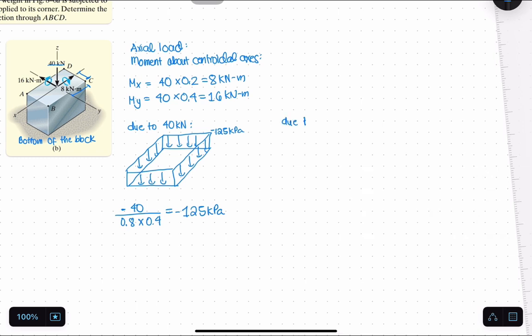And then due to moment along X. Okay. So due to moment along X, ano naman ang ating magiging stress distribution? So, i-drawing ko muna ang section. So, remember, di ba yung moment natin, pag ganyan siya. So, in this case, etong part dito yung compression, while eto namang part dyan is tension. Bali, mahahati siya dito.